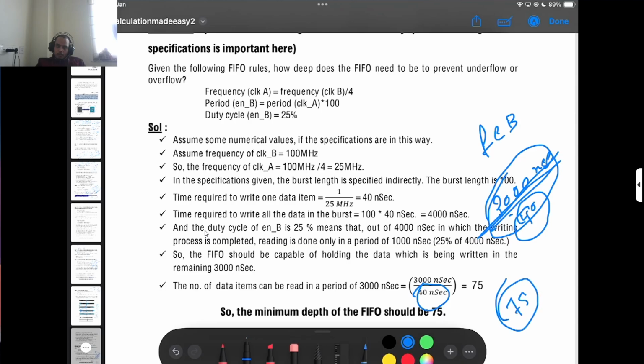It does not depend on clock B, because clock B is much higher than clock A.